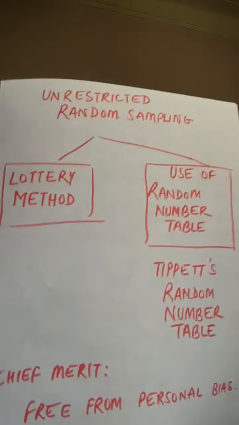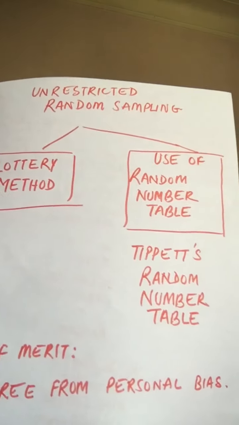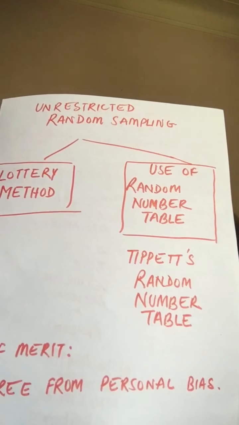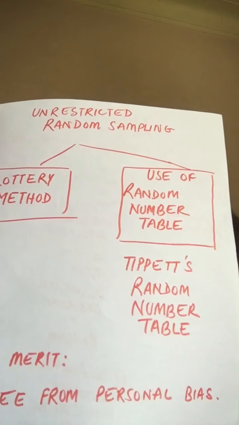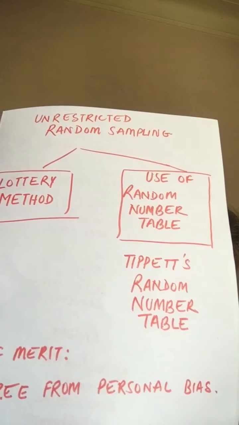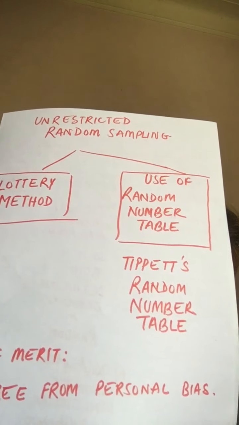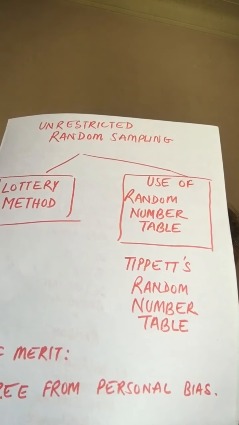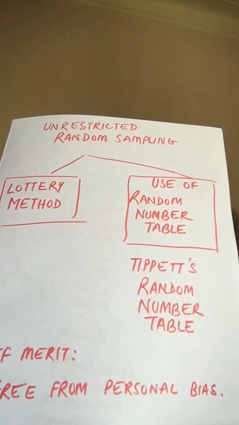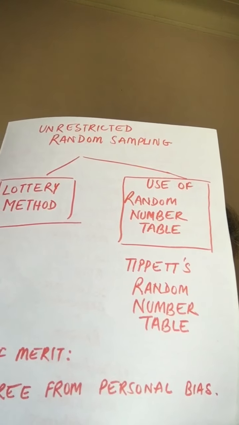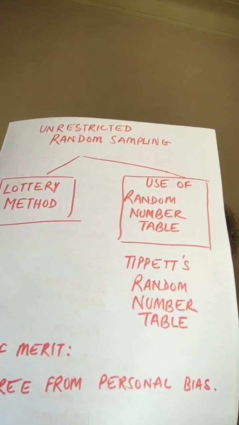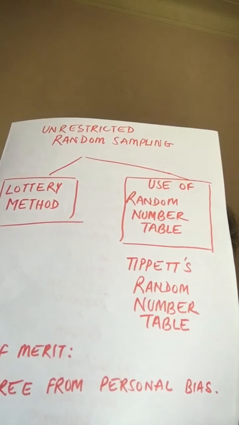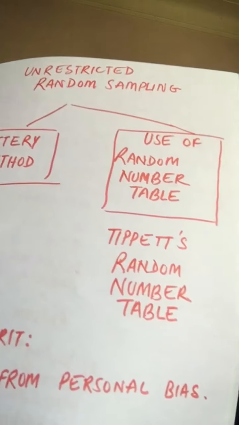So the first part, unrestricted random sampling. It refers to a method where sample is taken at random. That means what? Random means chances of each item of the universe being included in the sample are equal. And this method is used particularly when items of the universe are homogeneous.